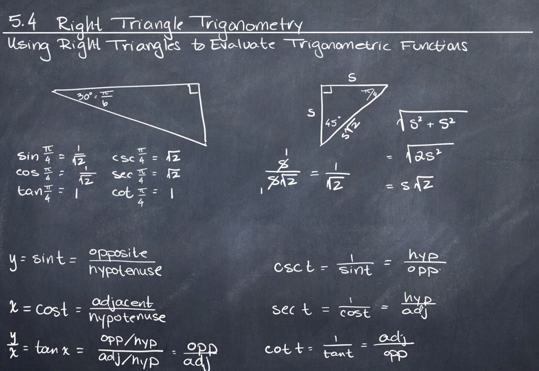So now we have some very specific values for sine, cosine, tangent, cotangent, secant, and cosecant of the angle pi over 4, or 45 degrees. You'll see these many times this quarter, and hopefully you recognize them from our work with the unit circle, because we've seen these values before.